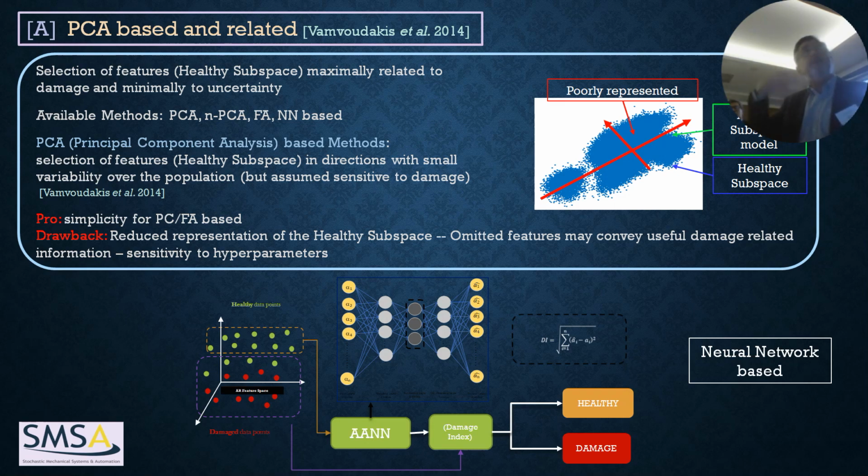And hopefully then you can detect the damage on those axes much easier and more reliably. Of course, this technique is based on PCA, as I said, but one can also utilize neural networks and other types of processes in order to analyze the data in different spaces.